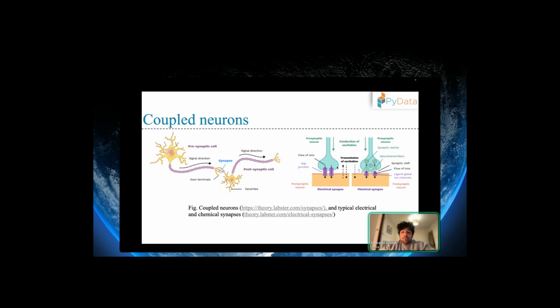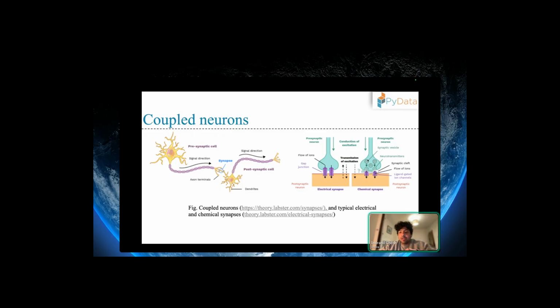Sometimes, instead of just electrical signal propagation, the signal can be propagated through biological objects called neurotransmitters. These are chemicals, I would say.